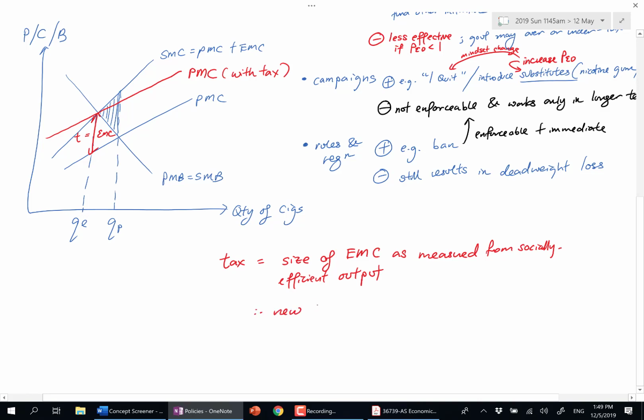New PMC cuts PMB at QE. Therefore, socially efficient and the equilibrium output levels coincide.